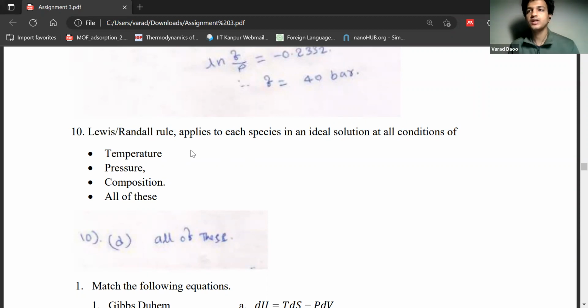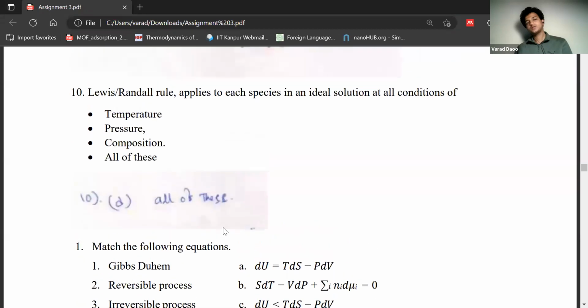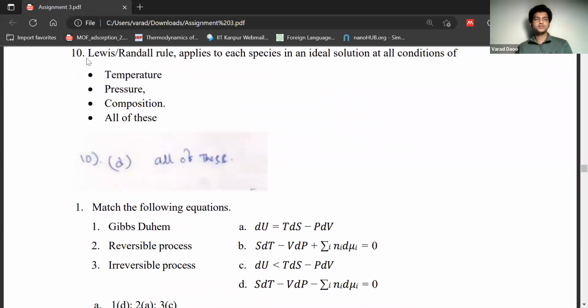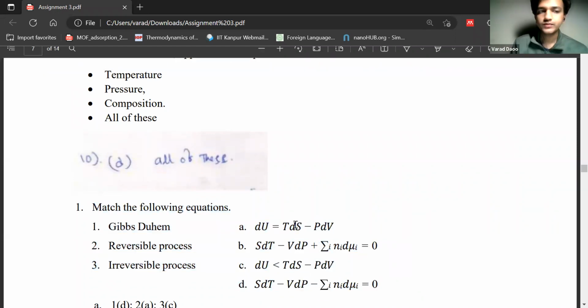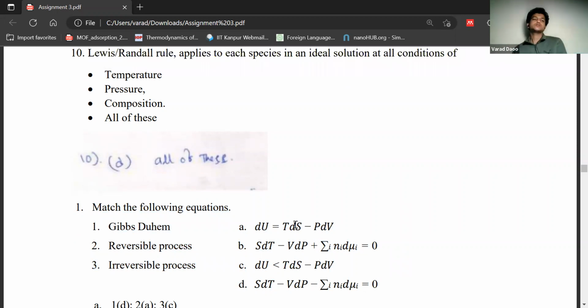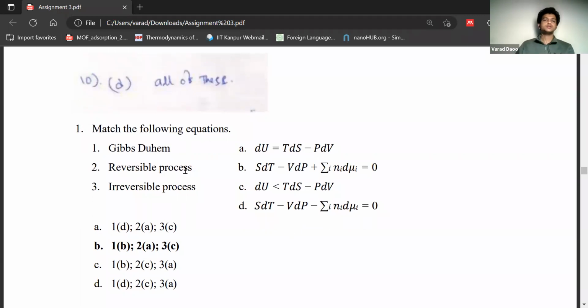So the first statement only it will be there. Definition of the Lewis-Randall rule itself is that. Okay. We'll move on to the next question. If anybody has any question, they can ask, or we'll move on to the next question. Okay. And this is the next question.